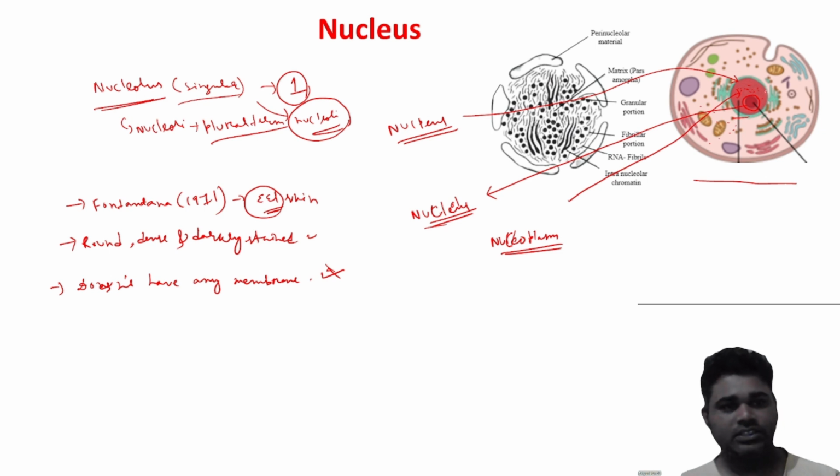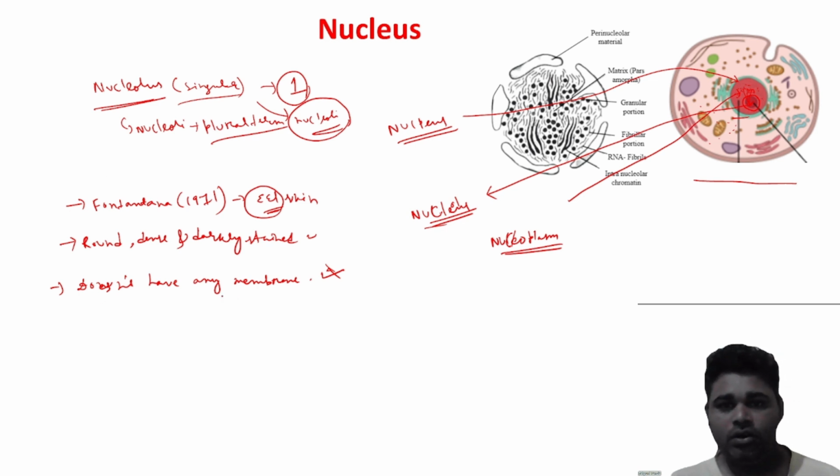Because the nucleolus is a non-membrane structure, the content of the nucleoplasm is continuous with the nucleolus. That means the content present in the nucleoplasm can transport to the nucleolus freely because it doesn't have any membrane structure.